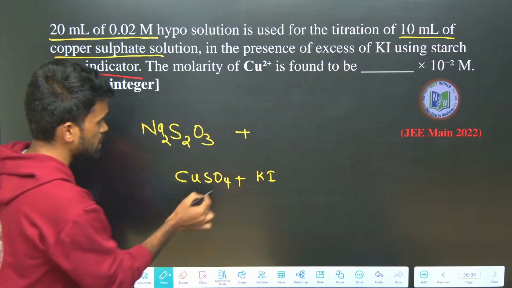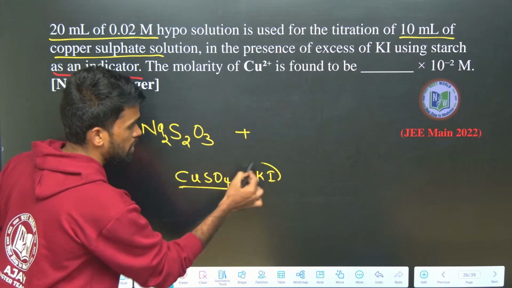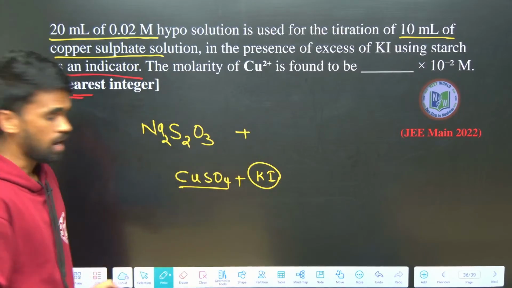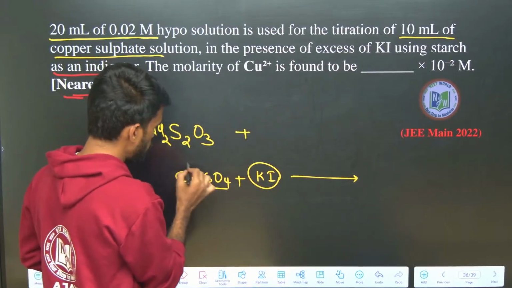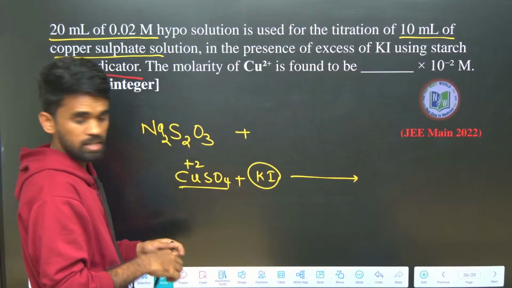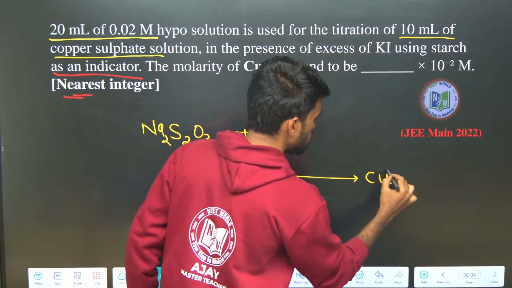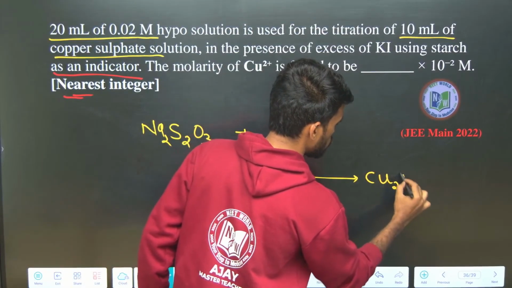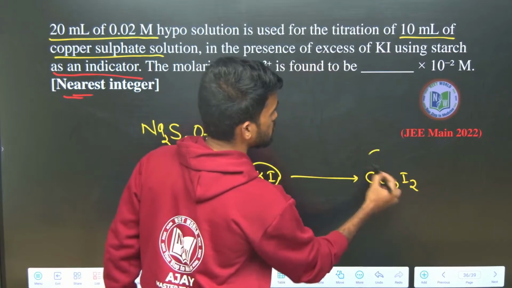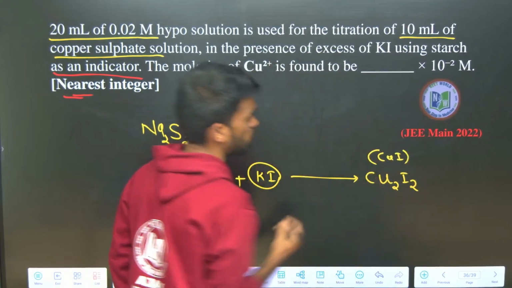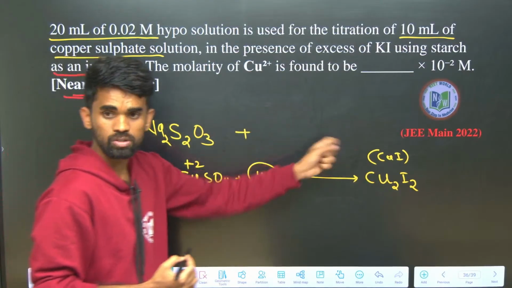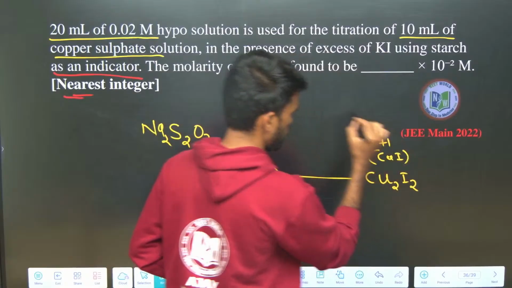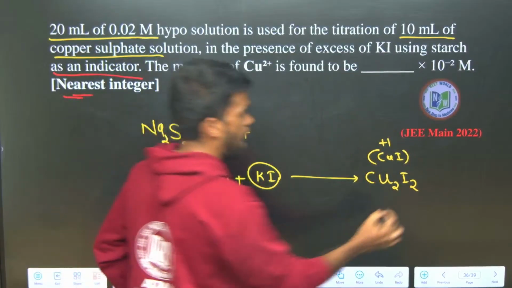First of all, this copper sulfate solution will react with this KI, and what happens here is Cu2+ will convert into Cu2I2, which is nothing but CuI. So the oxidation state changes from plus 2 to plus 1, and along with this, iodine is released.